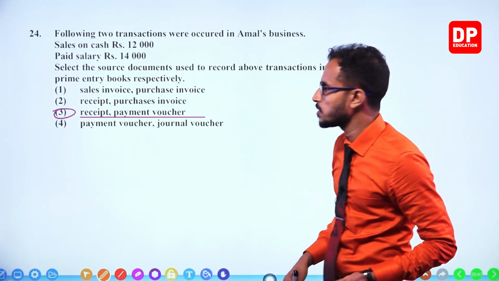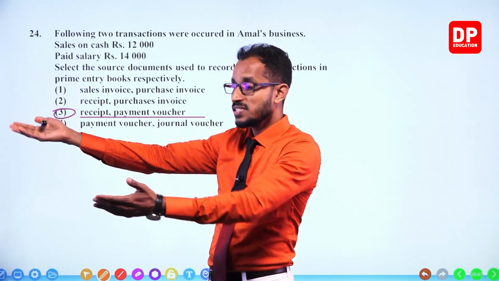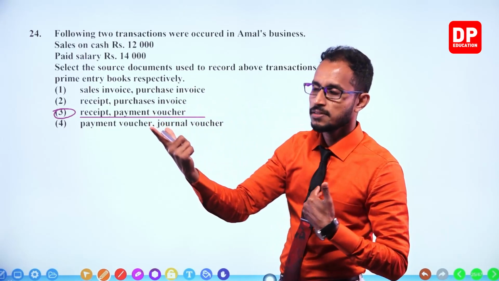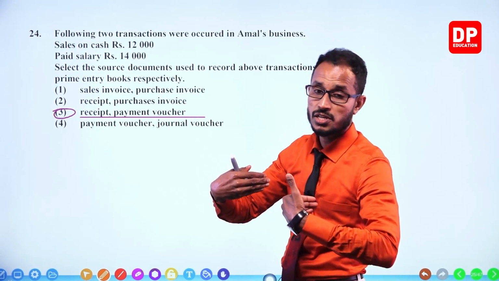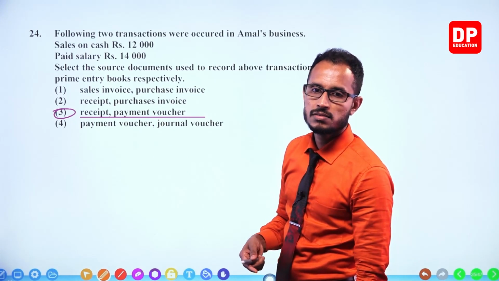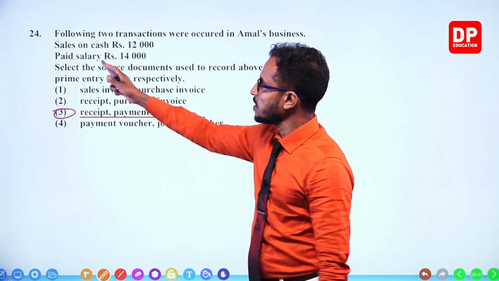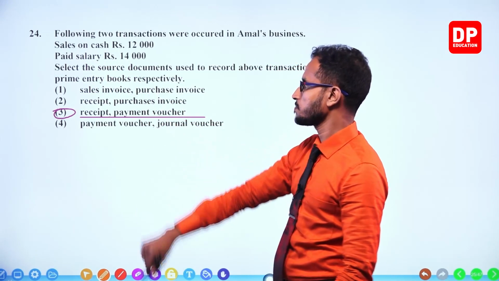That is a source document. So selling on cash means the business gets cash. The bill is the receipt. The source document issued is the receipt. And for payments, voucher.